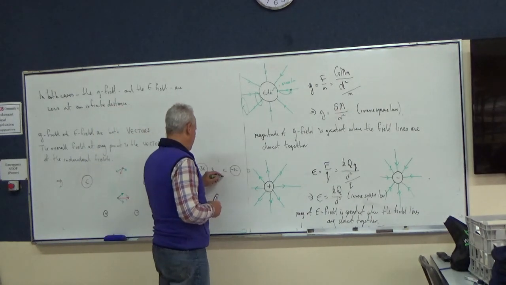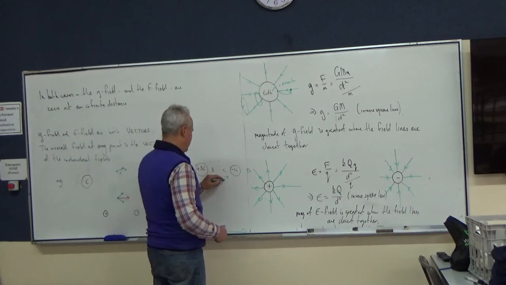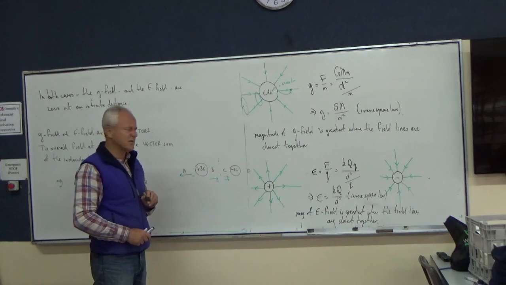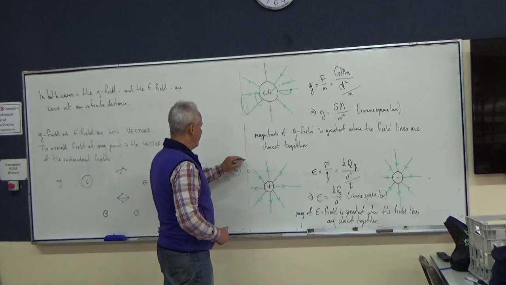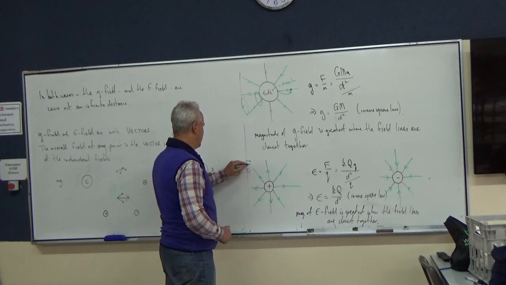At point C, I'm away from the plus 3, I'm getting further away, I'm towards the minus 1. They could be equal, but they're in the same direction, so that's not going to be 0. Over in region D, I'm away from the plus 3, and I'm towards the minus 1.